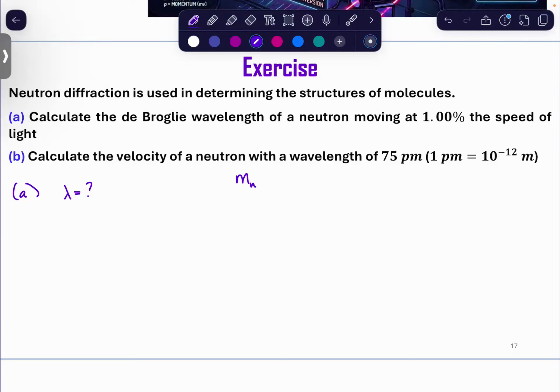Let's see, the mass of a neutron is 1.675 times 10 to the negative 27th kilograms. We know we're going to need Planck's constant. We're going to need the speed of light.